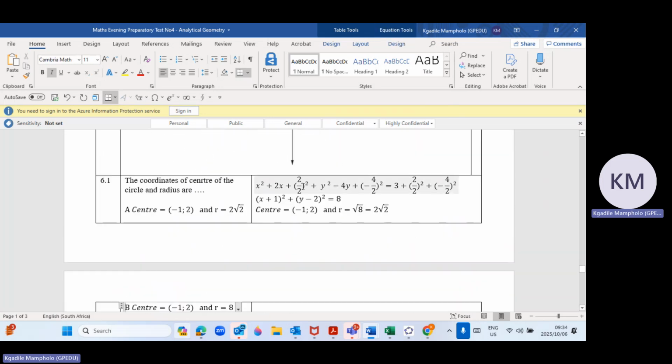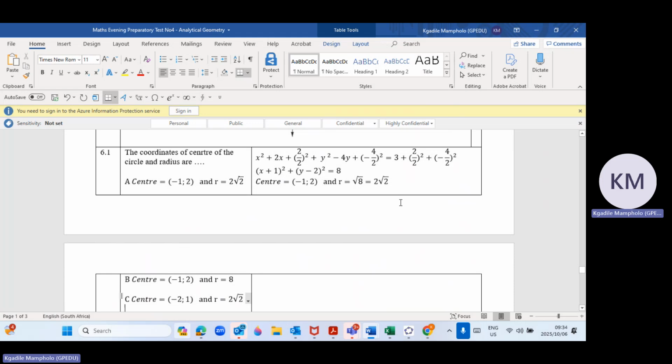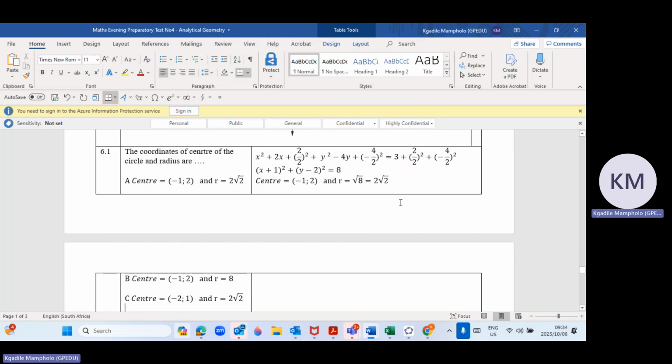Here you say 2 over 2. Then what you do on the left, you do on the right. You say minus 4 over 2 squared. You took 3 to the other side because it was minus 3 on the left. When you take it to the other side, it will be positive. So the answer there would be 8.